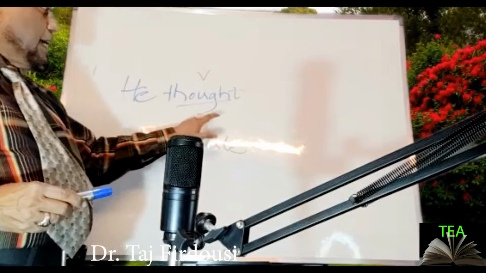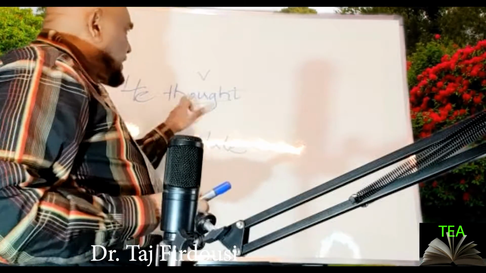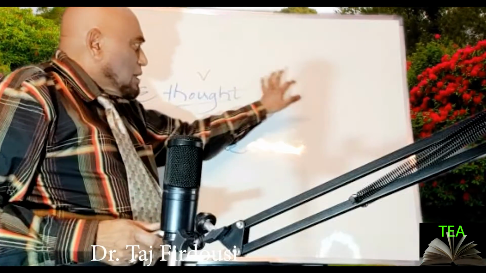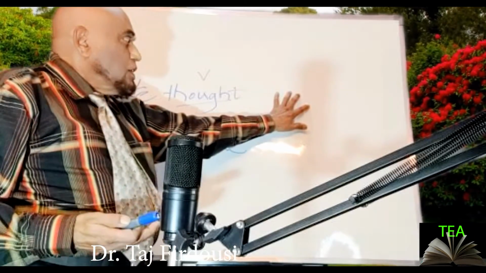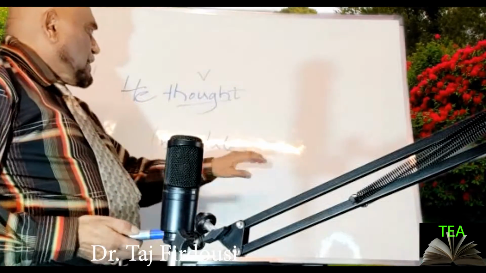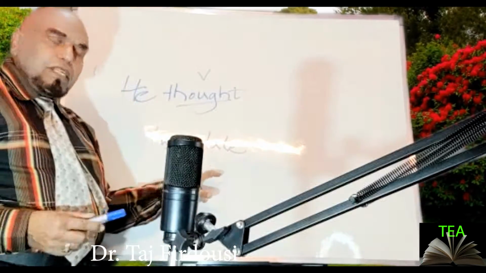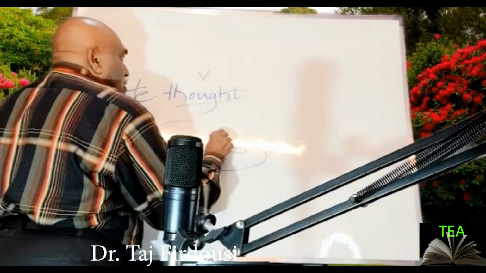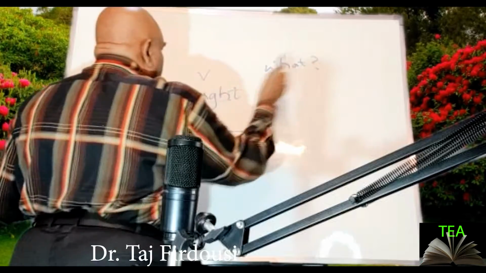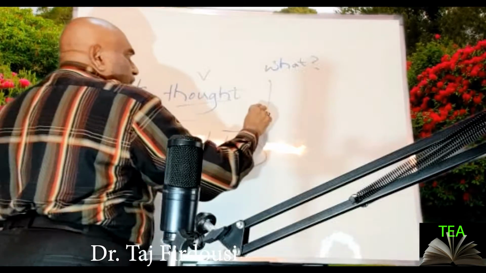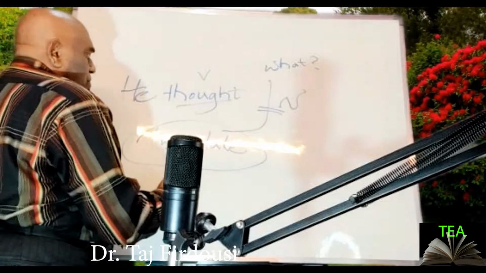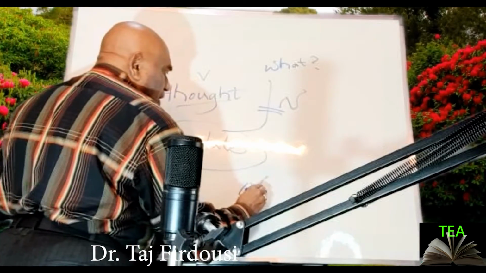Something. He ate what? An apple. He drank what? Water. So anything that comes after the verb as the object is a noun. He thought what? I was late. This is the answer to the question what. So because there is a verb, it becomes a noun clause.